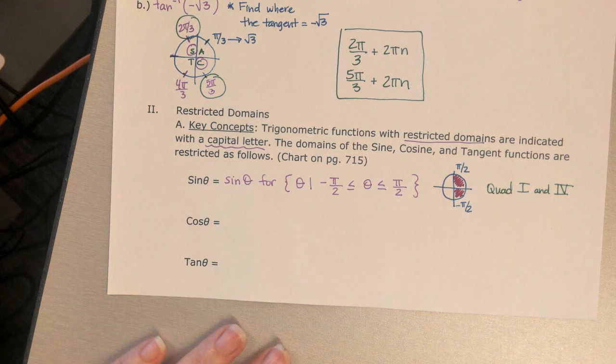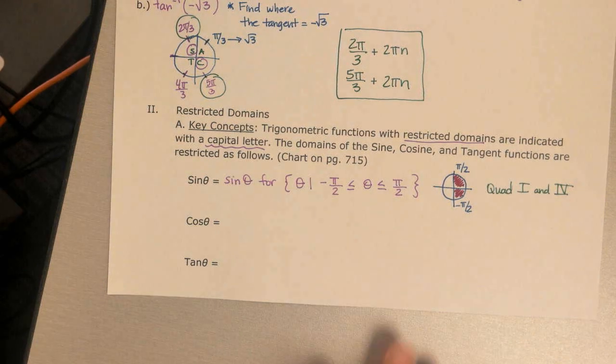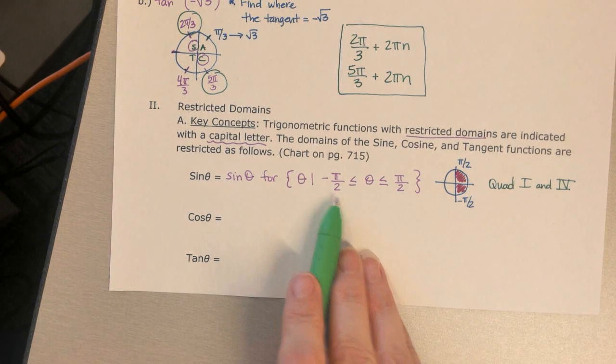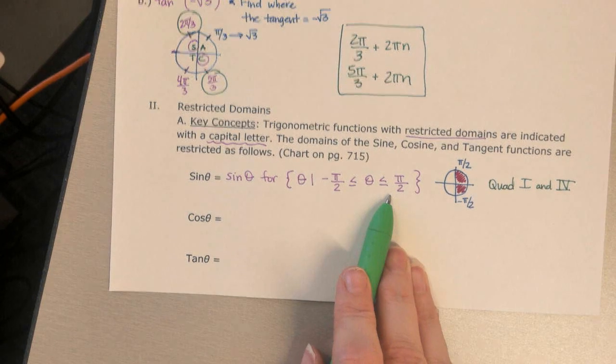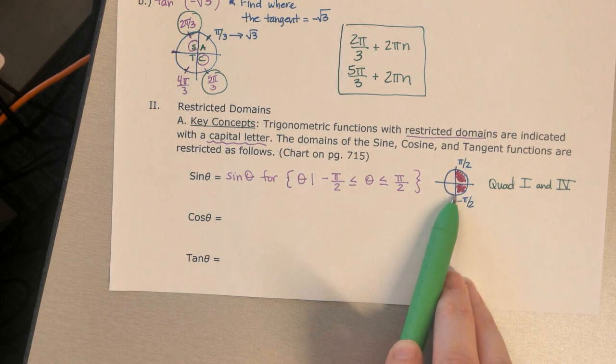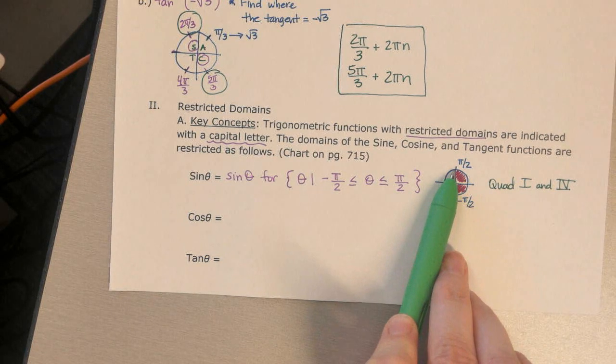Why is it 1 and 4 and not 2? Because it's from negative pi over 2 to pi over 2. So you have to go from negative pi over 2 to pi over 2.